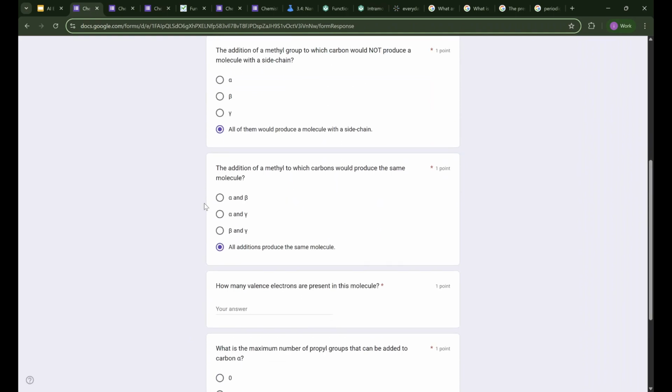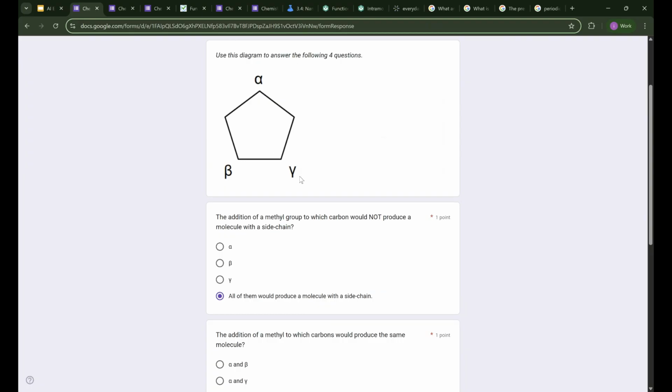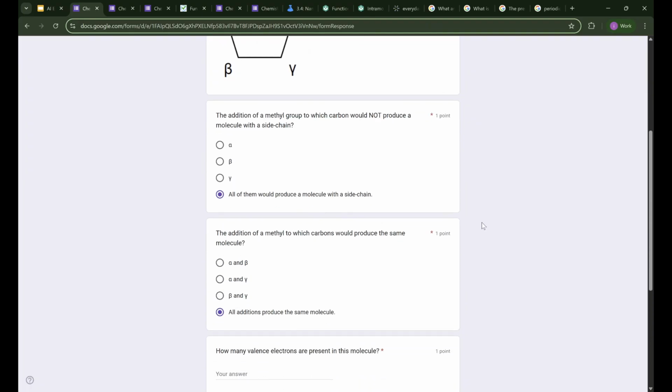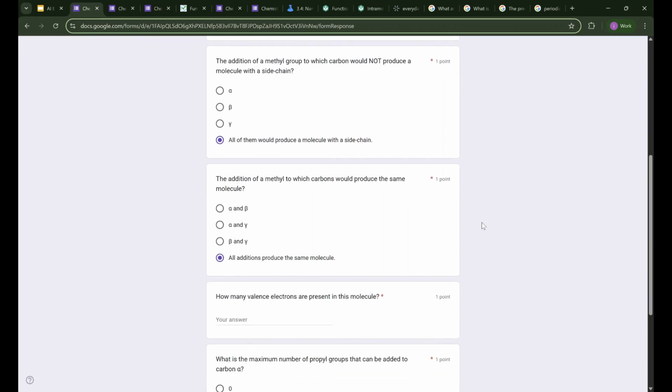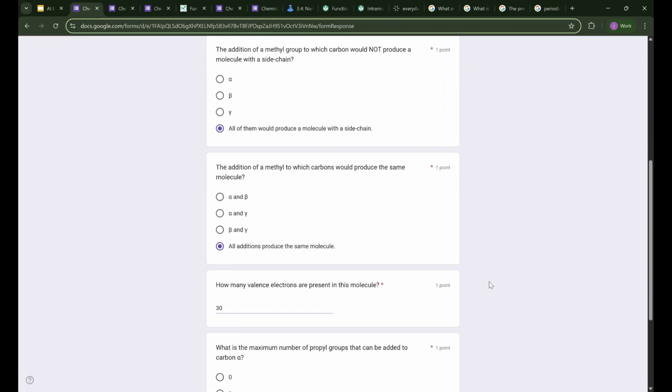How many valence electrons? I like to draw these out. So you got 3, 6, 9, 12... 30, I think.